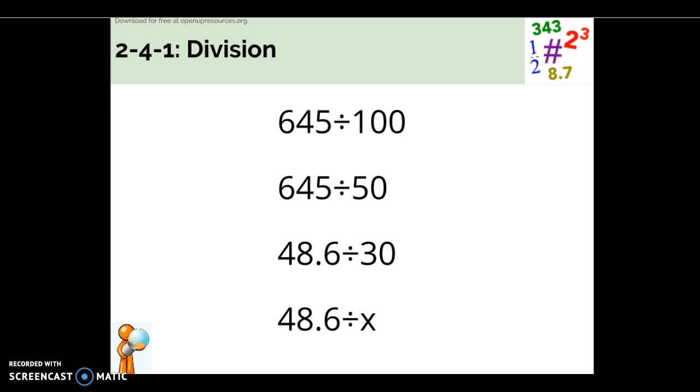If you have that pattern, it should be really easy for you to write a relationship for 48 and 6/10 divided by x, or divided by anything. So if I gave you 48 and 6/10 divided by 10, or divided by 20, there should be a pattern that you have going on, and that's going to help us determine what could be the solution if we were dividing by an unknown variable.